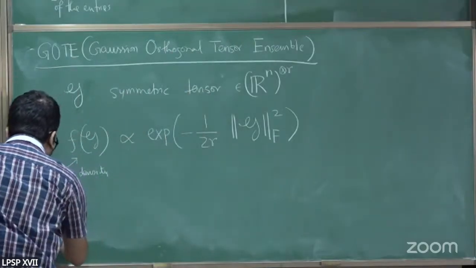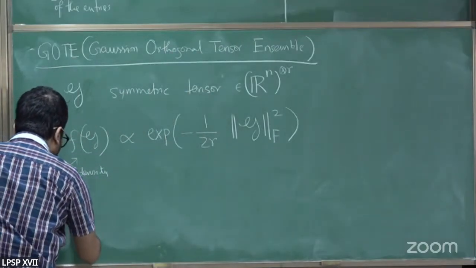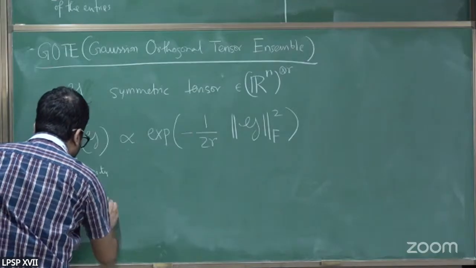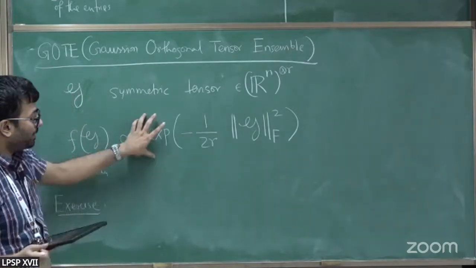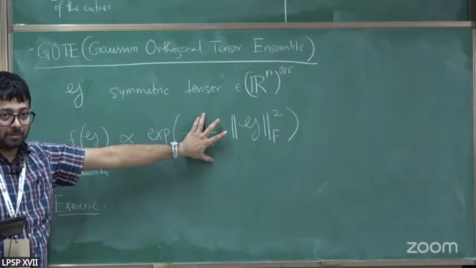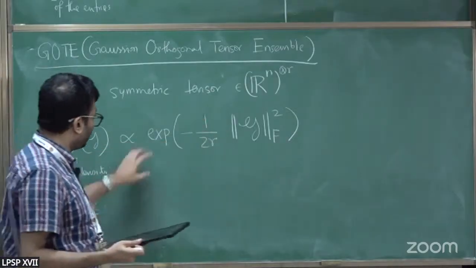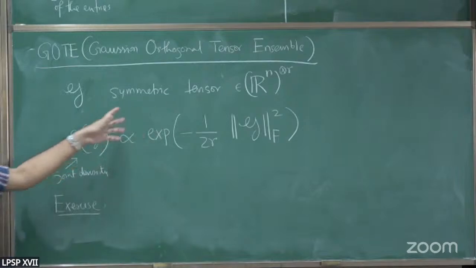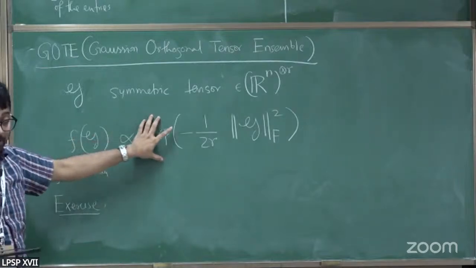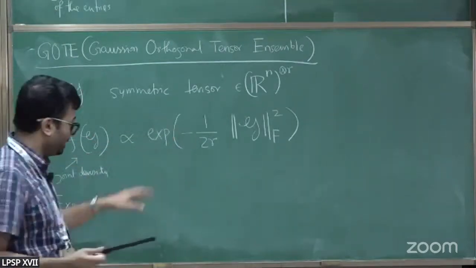If I give you a tensor following this density, the individual entries would be normal random variables, mean zero, but what is the variance?